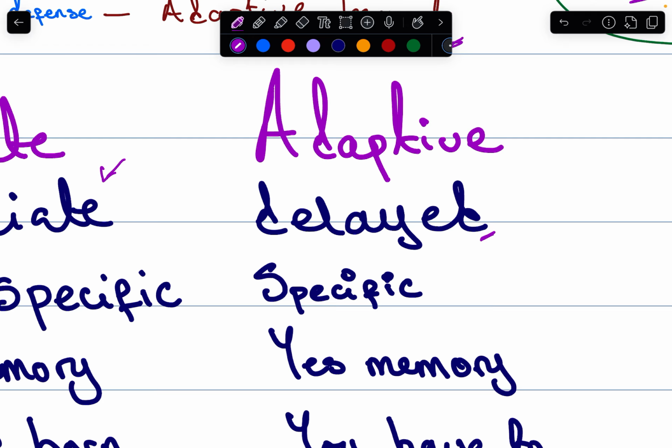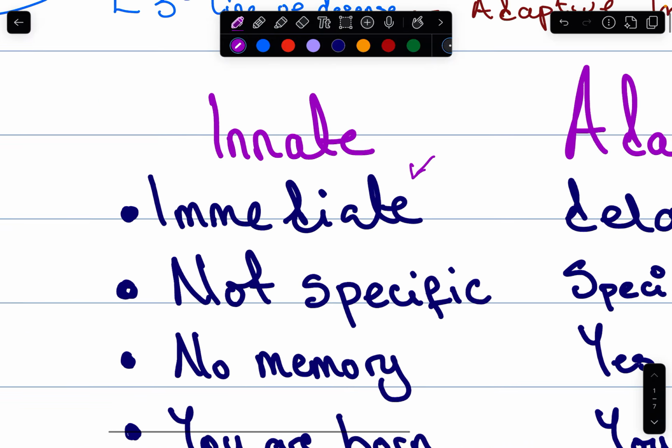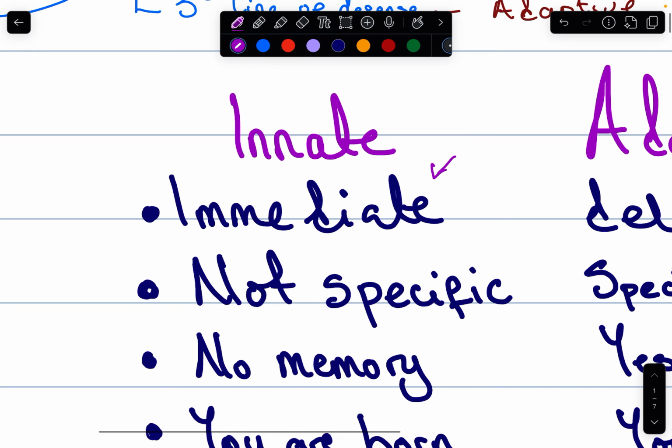So this time I'm going to stab it with a knife again. Okay, but your innate immunity is going to say, okay, well, first I'm going to try pouring water on it. Then I'm going to try lighting it on fire. Then it's going to do everything from the beginning. Also, your immunities, both innate and adaptive, are not stabbing people with knives and they're not lighting people on fire. I'm just using that as an example.